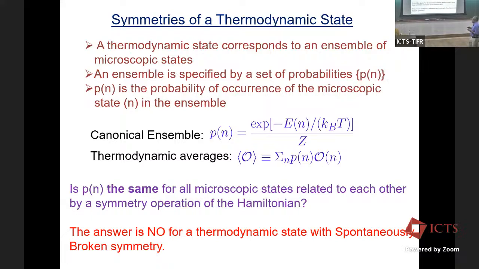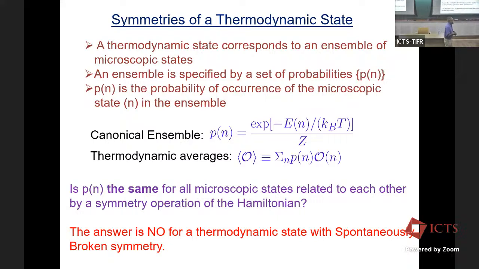And the value of that particular observable O that we'll measure in that thermodynamic state is an average over its value in all these microstates, weighted by this probability that I have given. So a thermodynamic state is then defined by these probabilities.